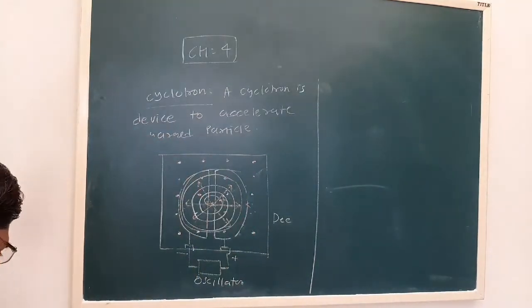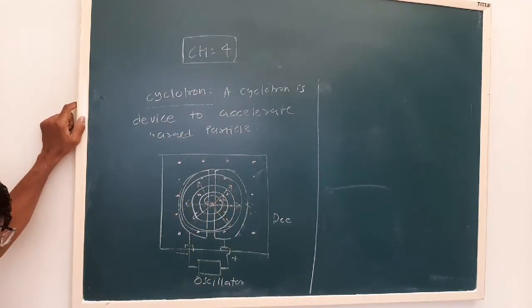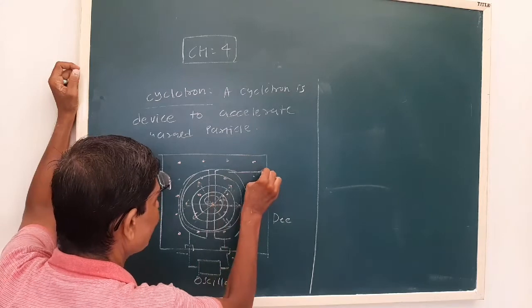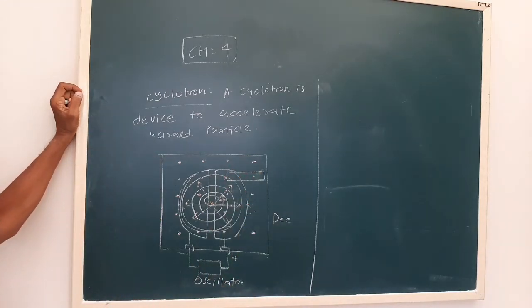Once the charged particle attains sufficient velocity, there is an arrangement kept here, that is a deflector.